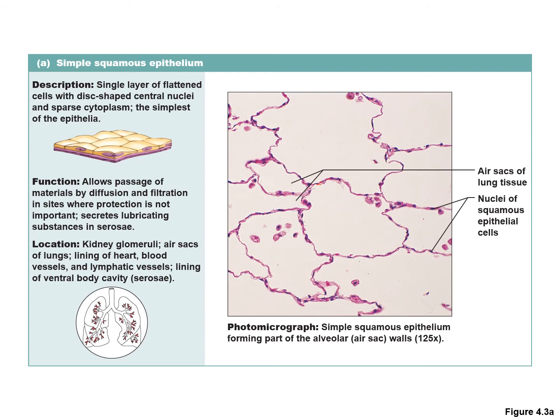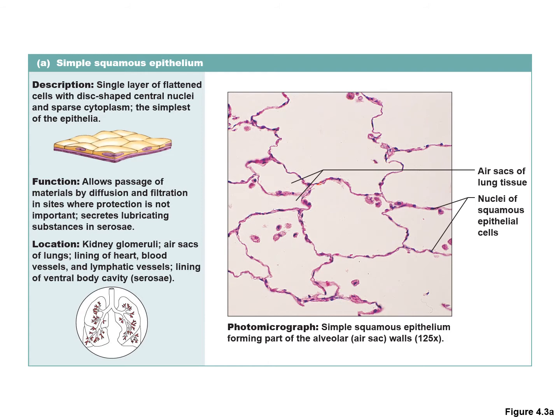Well, if we're talking about diffusion, that probably is good to have in the air sacs of the lungs, right? So that's actually the photomicrograph of alveoli that are air sacs. So oxygen and carbon dioxide can easily diffuse through this thin layer of cells.